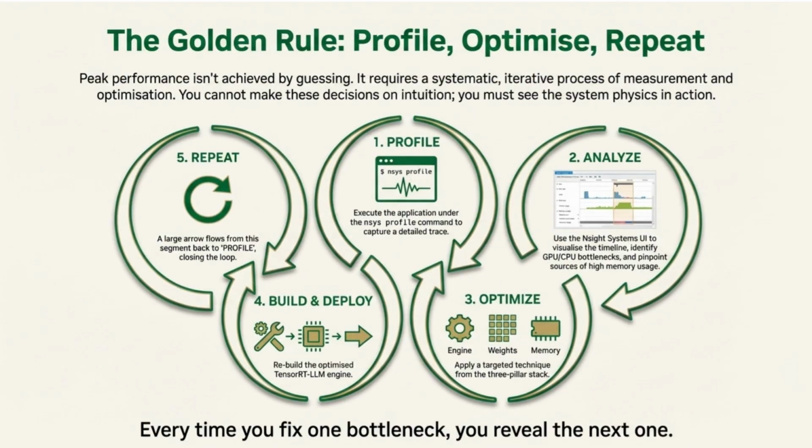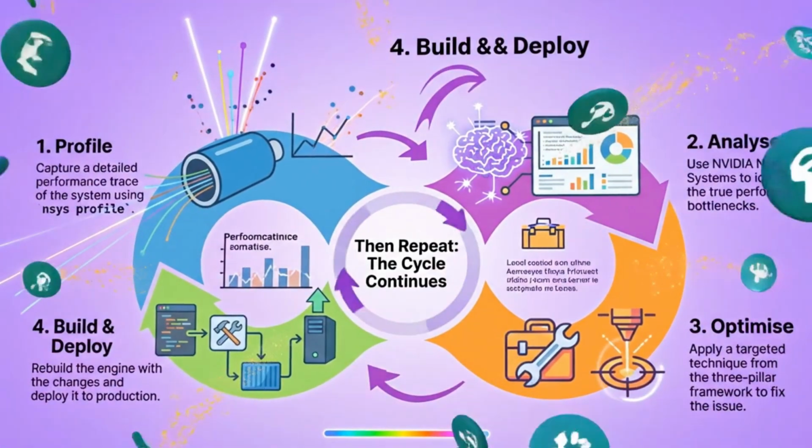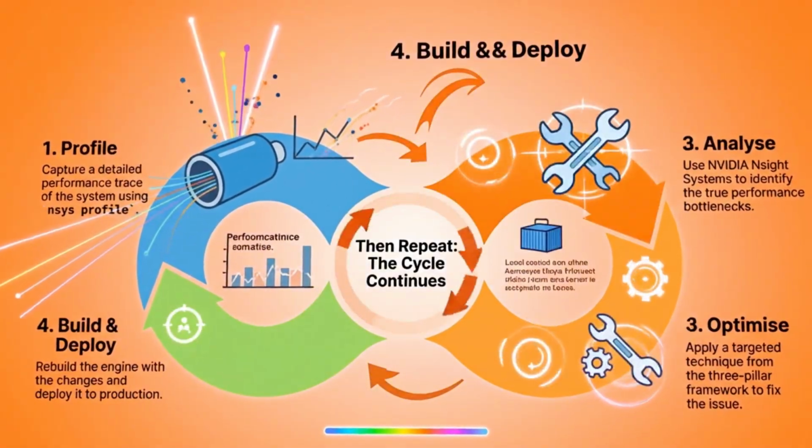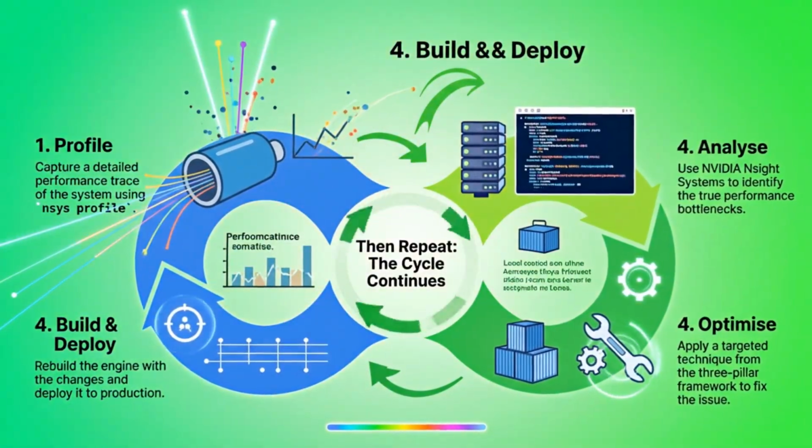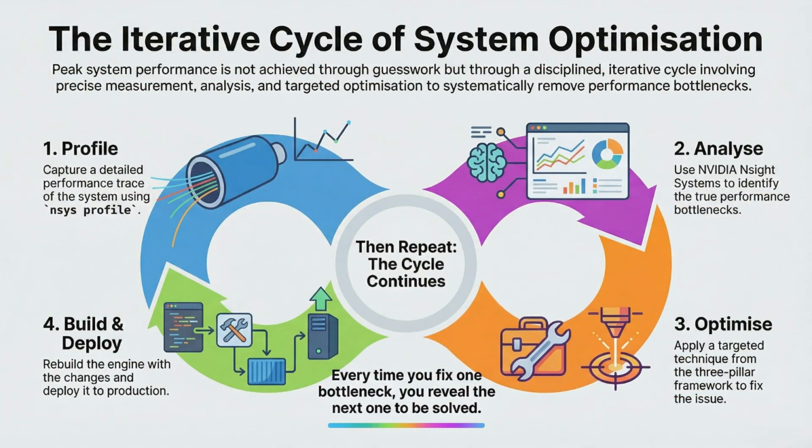Optimize. Apply a targeted technique from the 3-pillar framework. 4. Build and deploy. Rebuild the engine and push to production. Then repeat. You cannot make these decisions on intuition. You must see the system physics in action. Every time you fix one bottleneck, you reveal the next one.